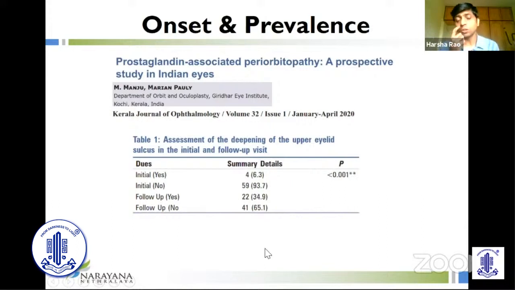So all these studies also show the fact that PAP or DUEs or any of the signs of PAP generally occurs anywhere between 4 to 6 weeks from the time of starting the prostaglandin analogs, and they can manifest anywhere up to 6 to 9 months after starting the prostaglandin analogs. That's the general onset period of PAP.